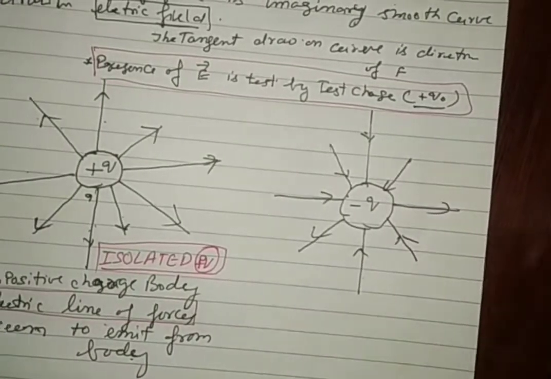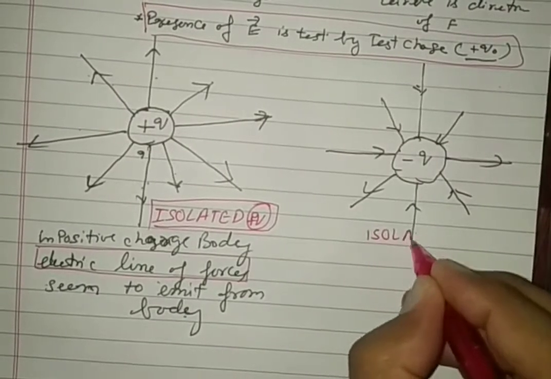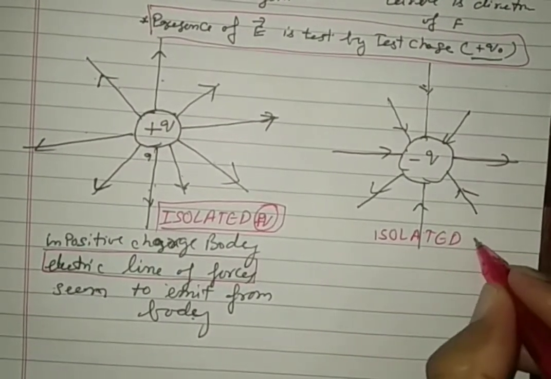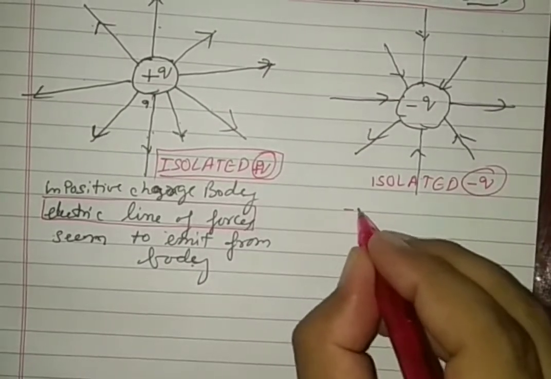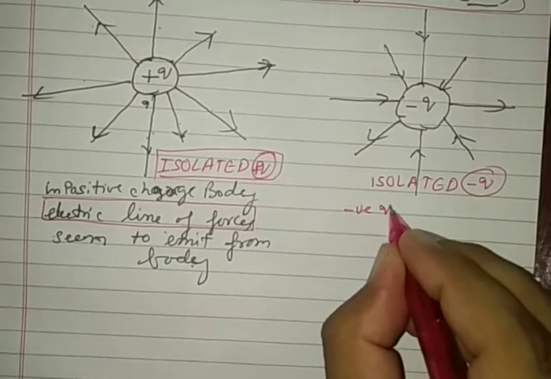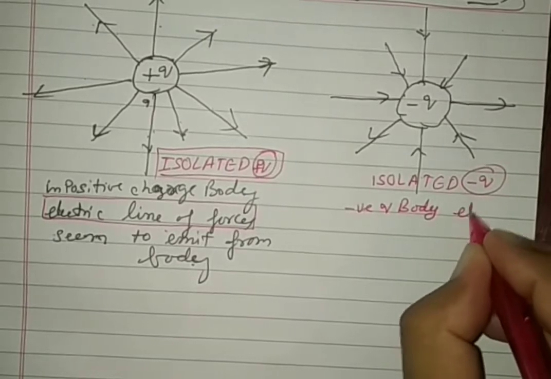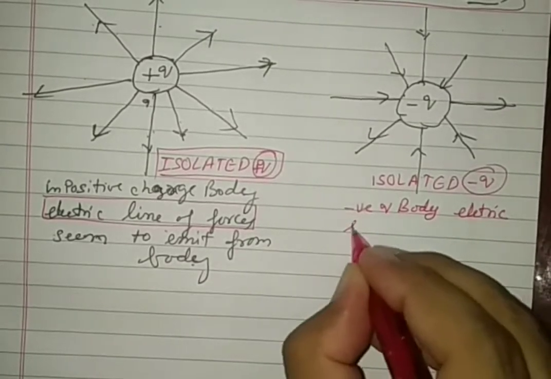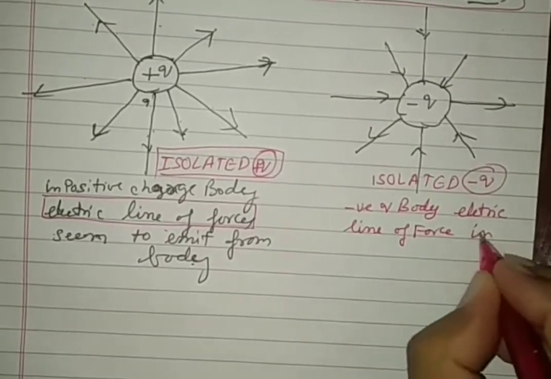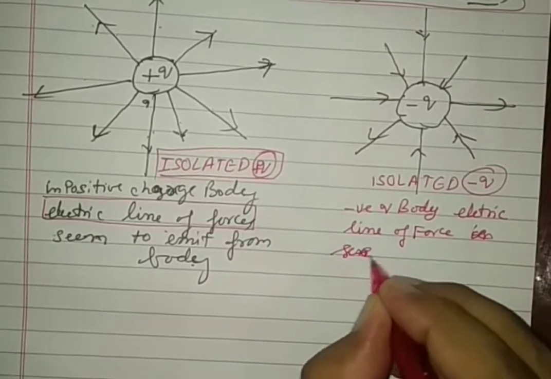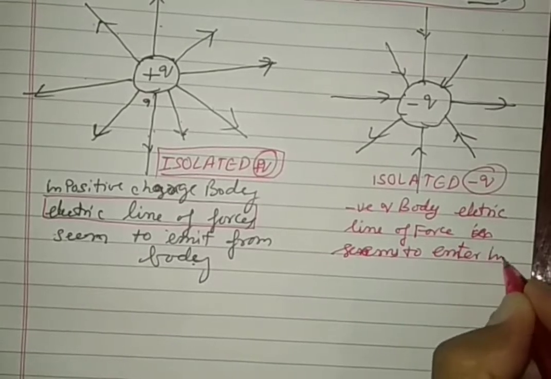This is an isolated negative charged body. In a negative charged body, electric lines of force seem to enter the body.